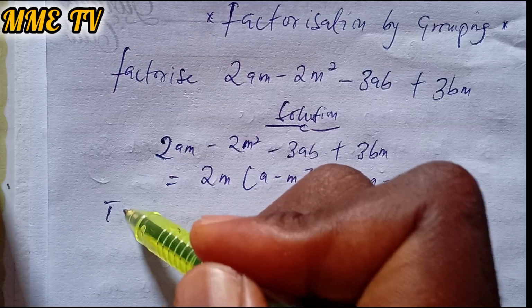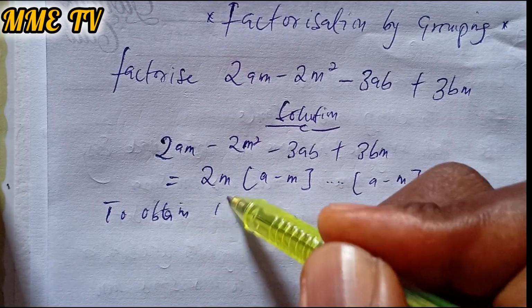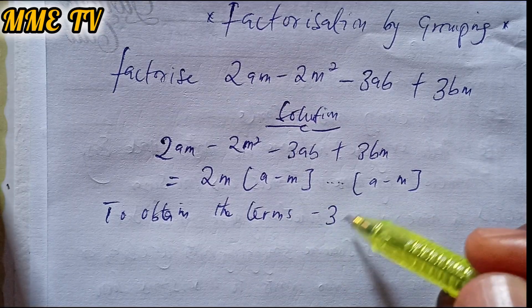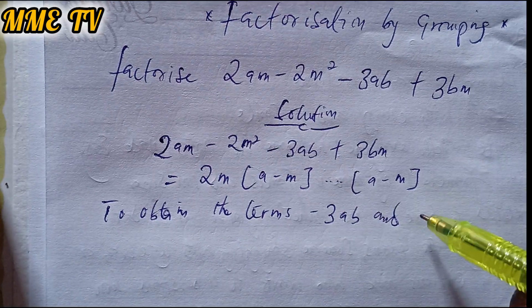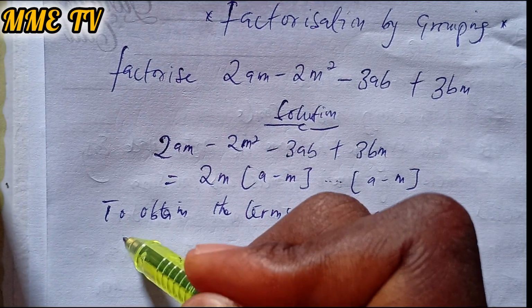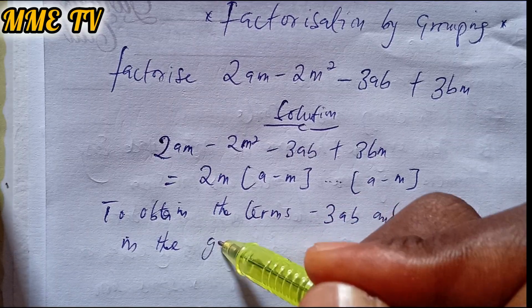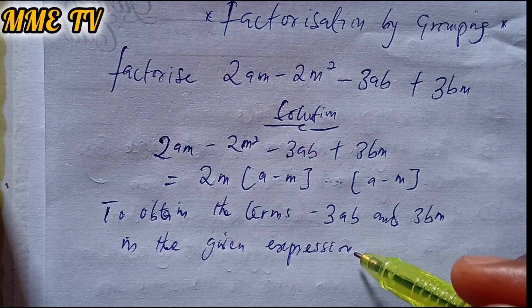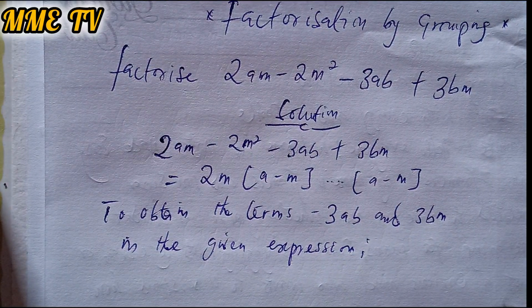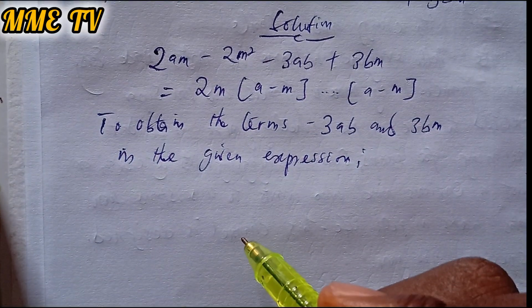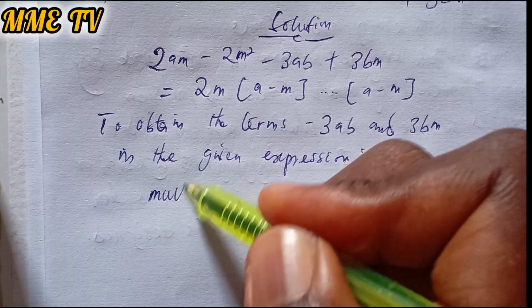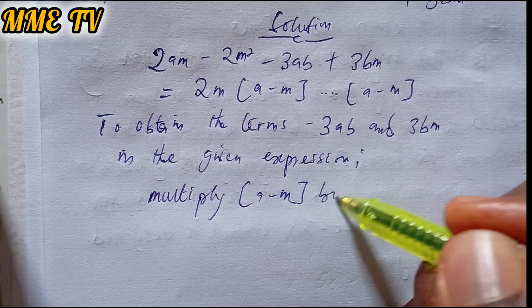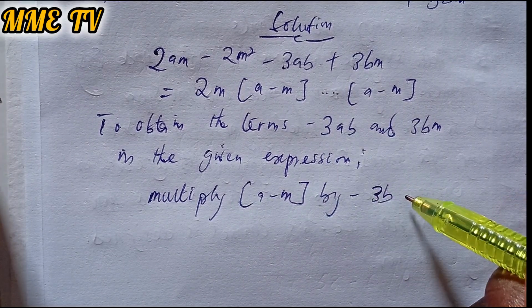Now, to obtain the terms 3ab and 3bm in the given expression, what we are going to do is this. We are going to multiply a by 3b.